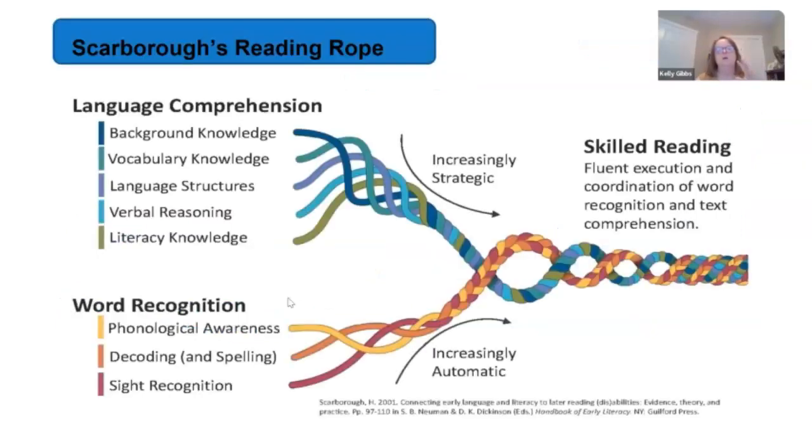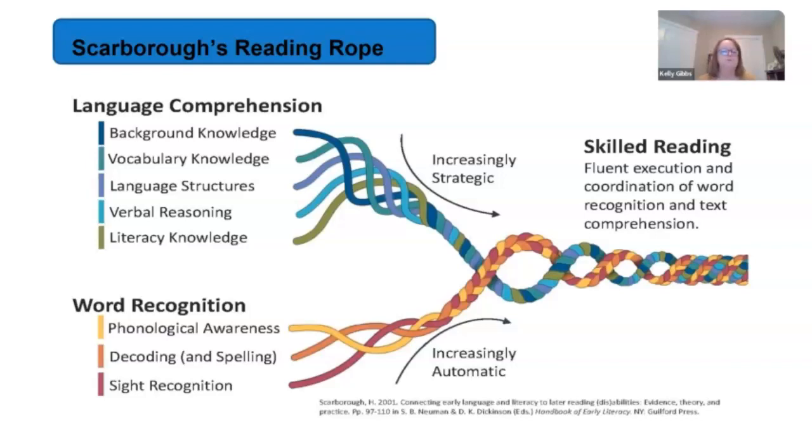So we talked about Scarborough's reading rope and how important it was in understanding how we build language comprehension and word recognition to help students become skilled readers. We acknowledge that background knowledge and vocabulary knowledge are hugely important, vocabulary especially, but how we have to really pull out that background knowledge for students to help them increase their ability to comprehend what they're reading.